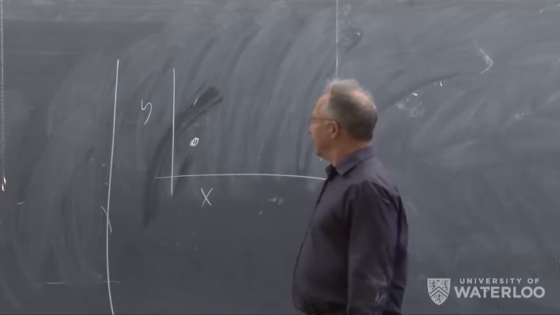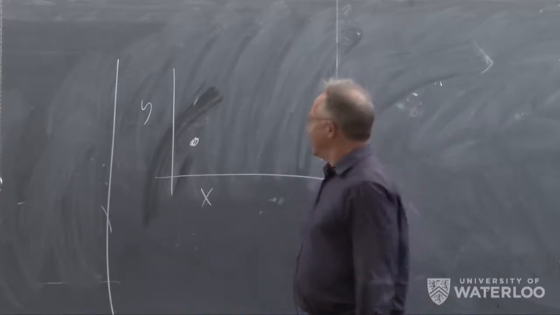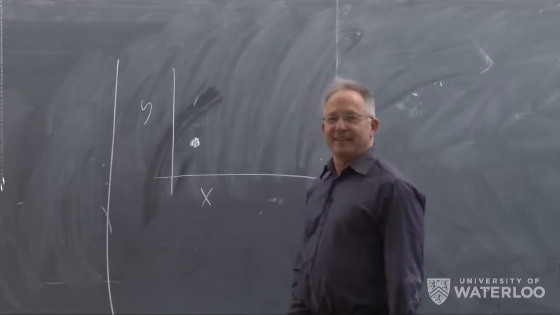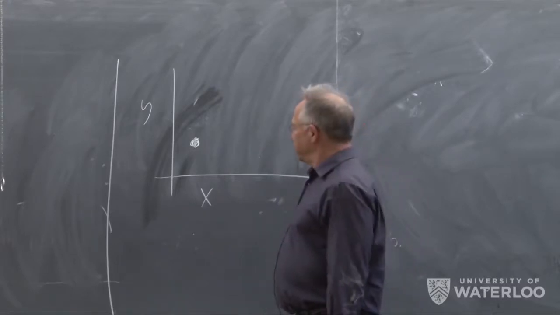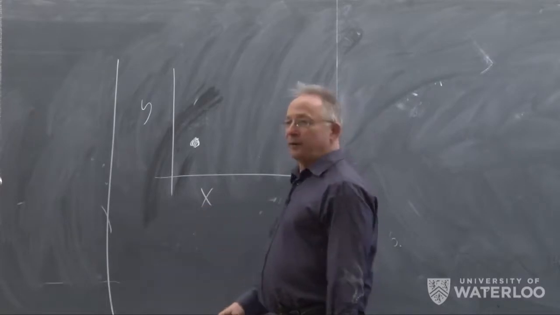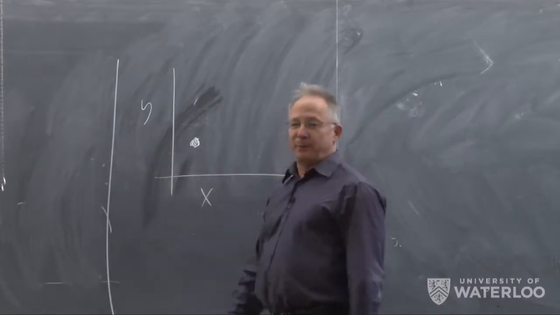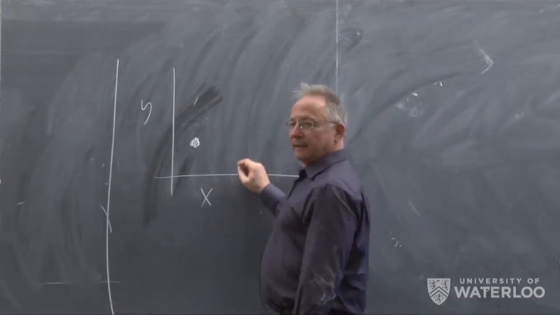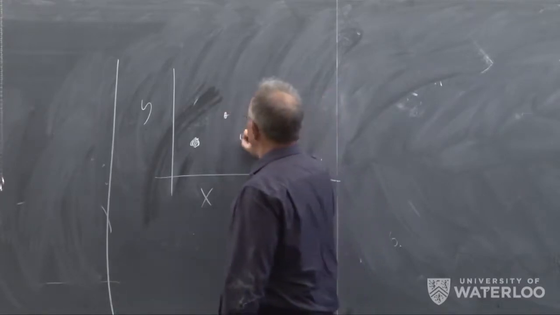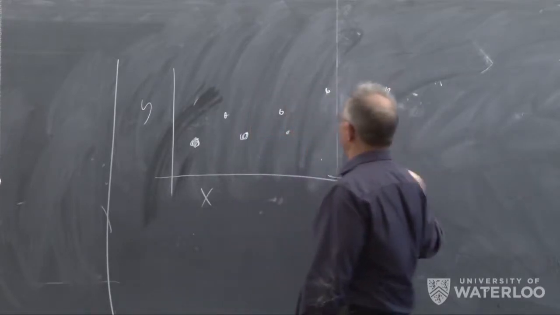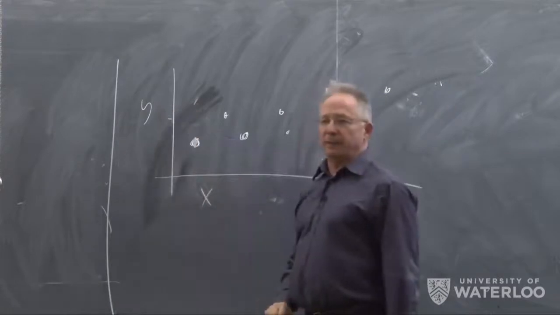Let's say that this is the weight of a mother and the weight of the baby when the baby is born. So I'm looking at many babies, and for each of them I can draw what was the weight of the mother and what was the weight of the baby.